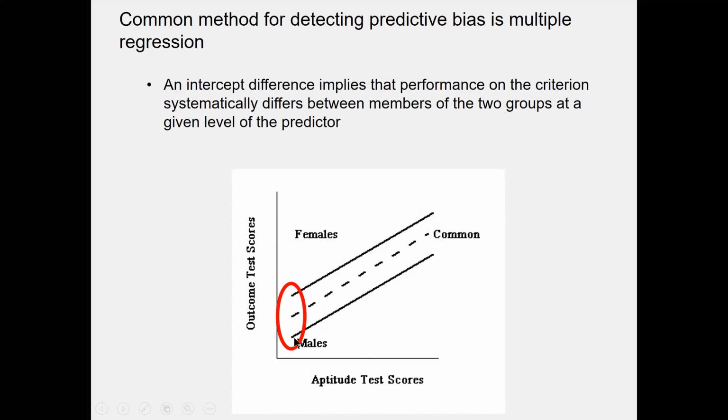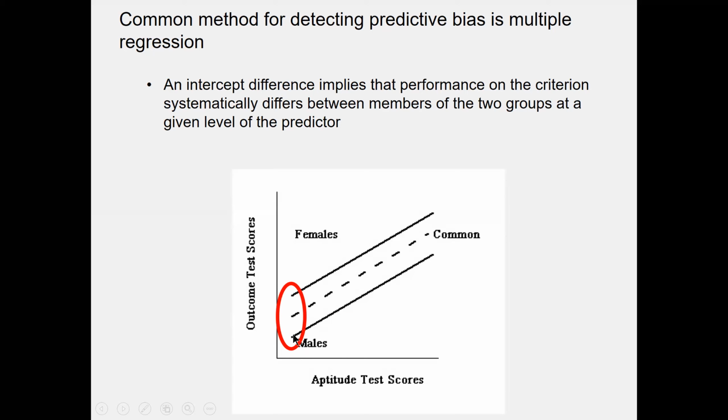And particularly, to be very specific, males with low aptitudes score lower on the outcome than females with low aptitudes. So these two groups have the same aptitude at each of the levels. Males and females here have the same value on the x-axis. They have the same value on the y-axis.